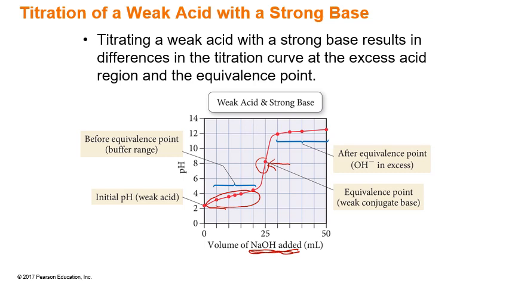It is not at a pH of 7 at this point because our anion is going to be basic if it's a weak acid. And then as we continue adding base, we'll eventually get to the point where our hydroxide is in excess and we level off again.